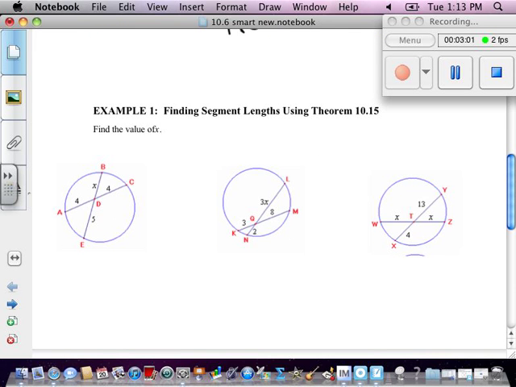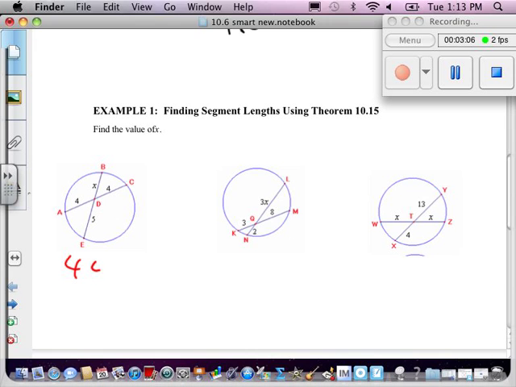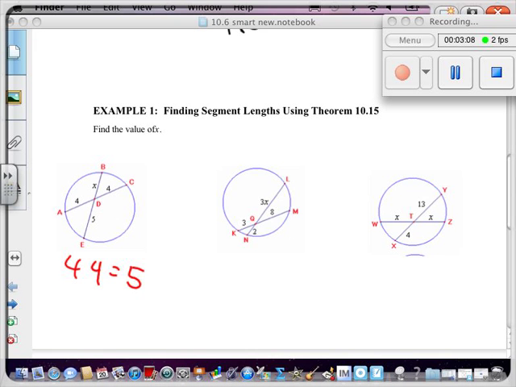So for A, we simply go 4 times 4 equals 5 times x. So 16 equals 5x. Divide by 5. X equals 3 1/5.